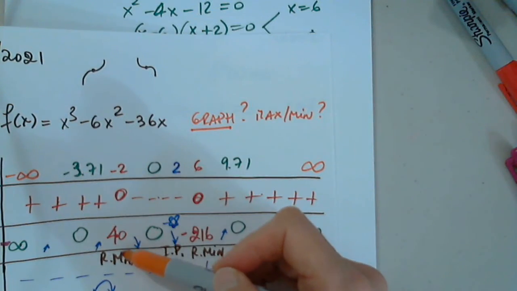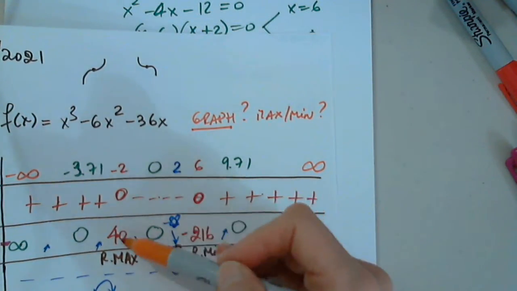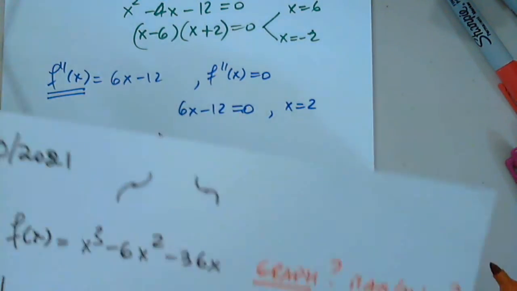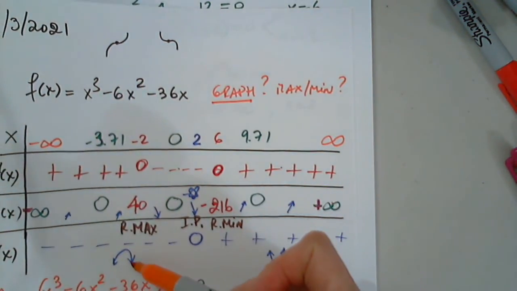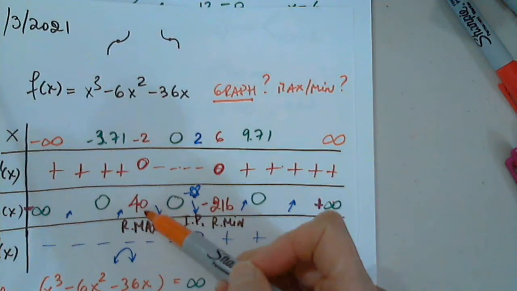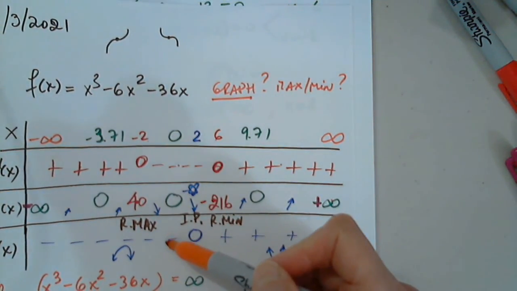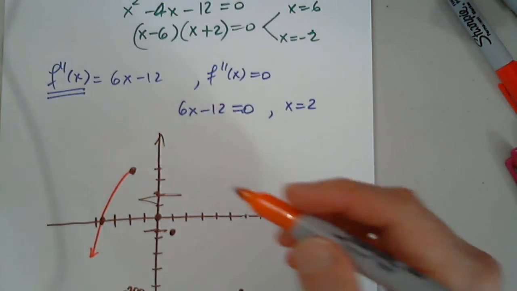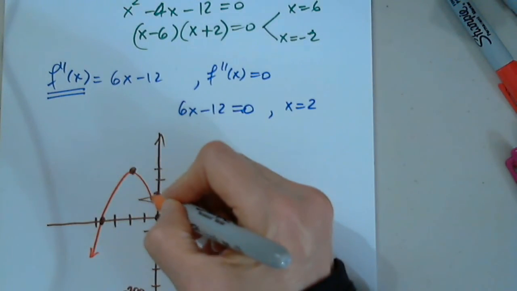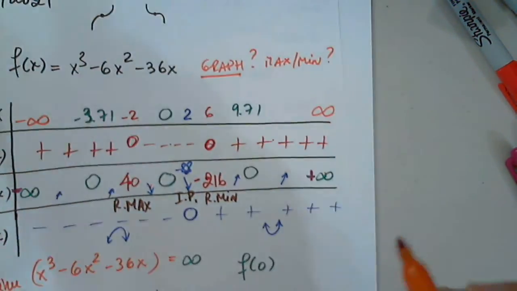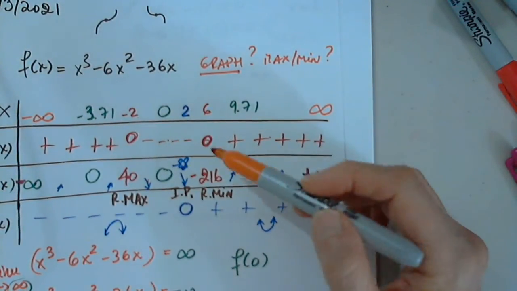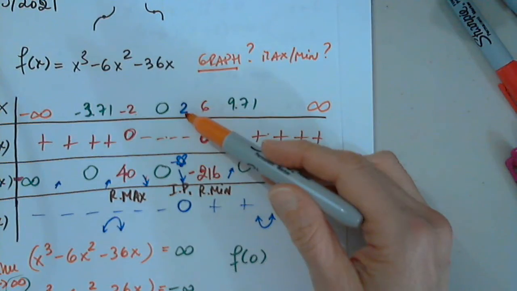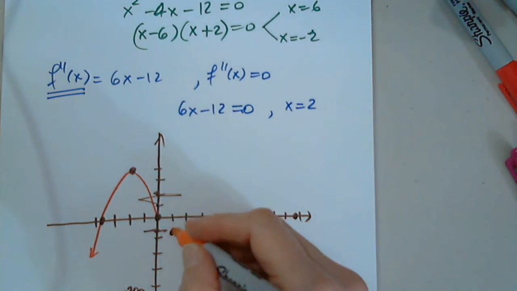Continuing to the relative max at negative 2, 40, still opening down. Then decreasing to the origin. Fine. Then it continues to open down but decreasing to negative 2, 88.